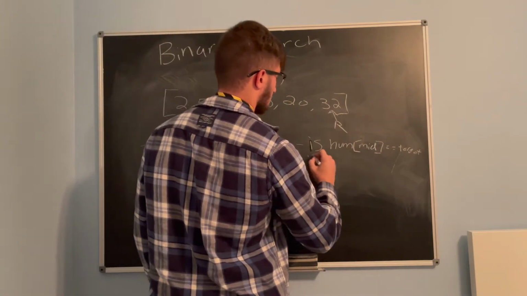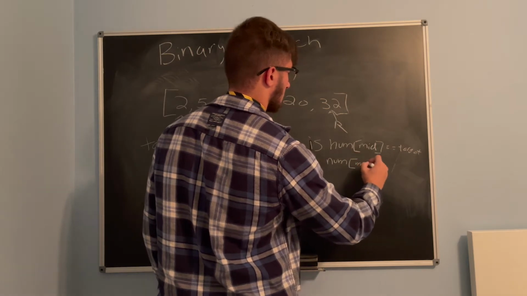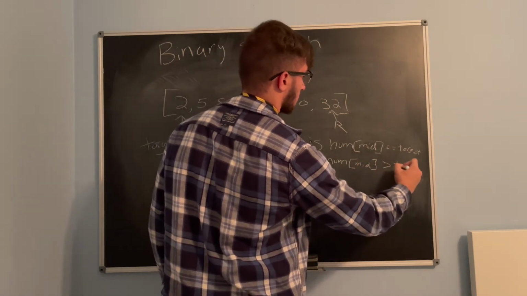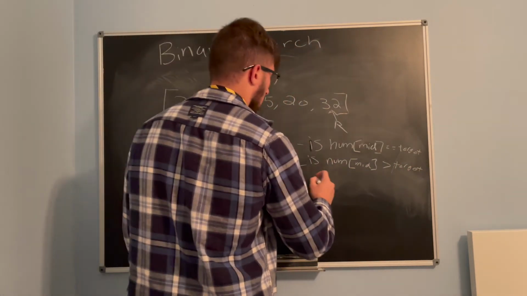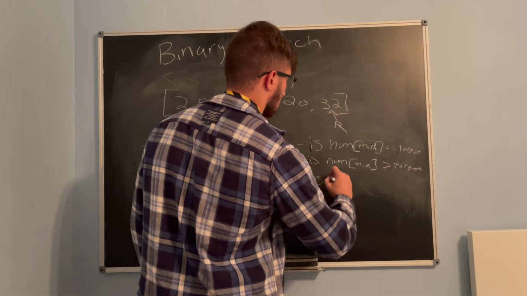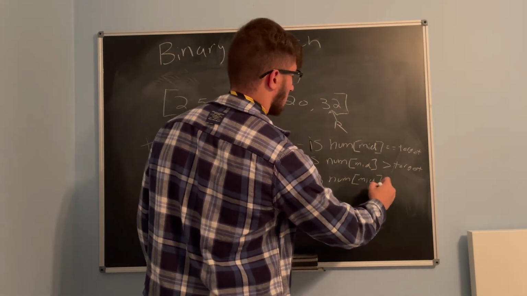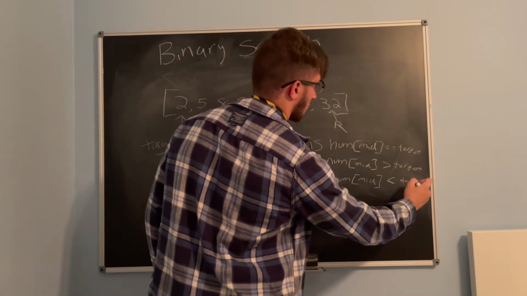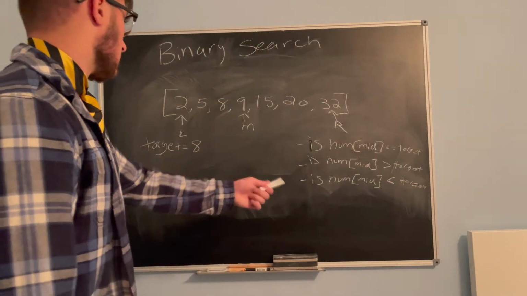We ask, is num at mid greater than the target? And if that's false, we say, is num at mid less than the target? So we ask these questions, and one of them is bound to be true.